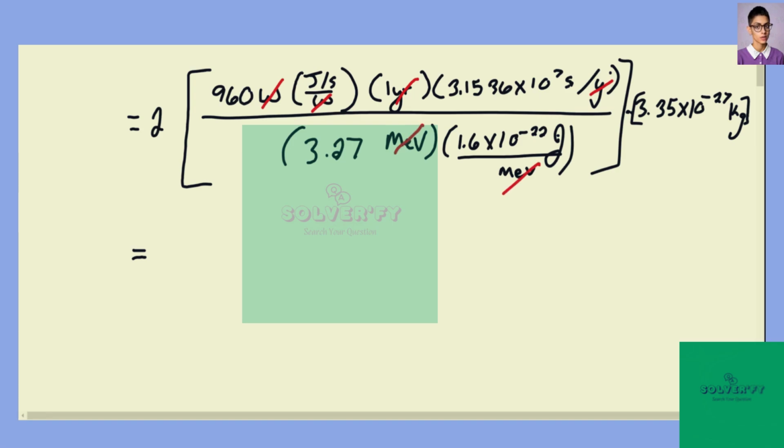This becomes joules per second, so we end up with joules and seconds up here, and then joules down here times kilograms, and we see how this all cancels out except the kilograms. So your answer should be in kilograms.